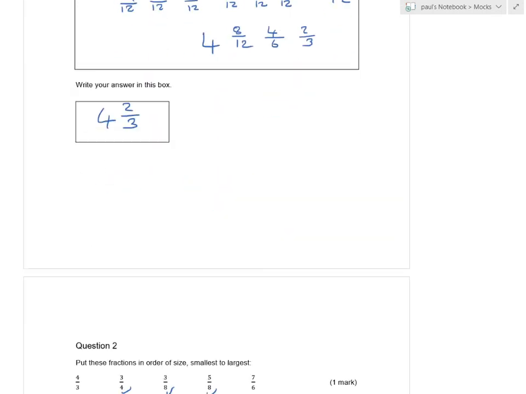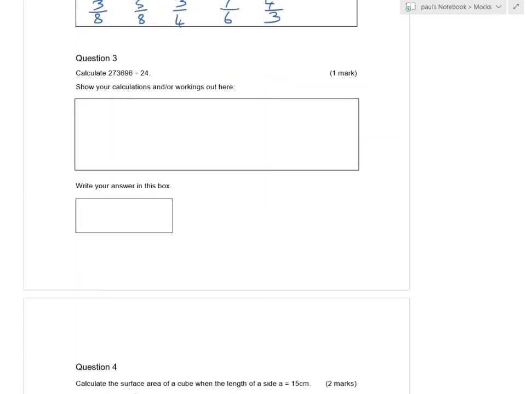Non-calculator, yeah. Okay, let's try and do it. 273,696 divided by 24. 24s into 27 go 1 with 3 over. 24s into 33 go 1 with 9 over.